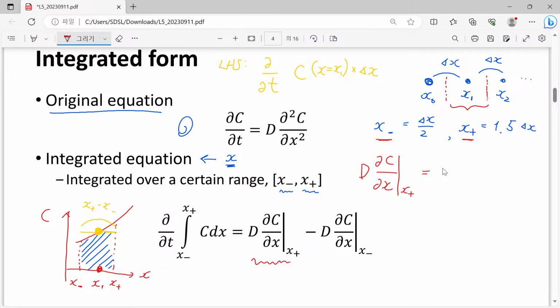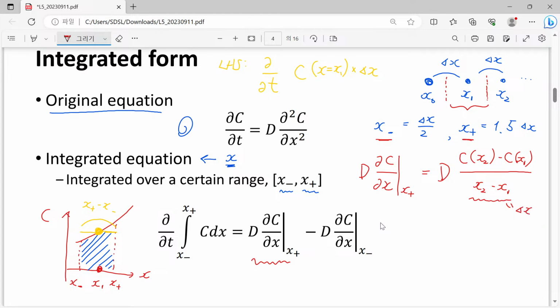So it is really well approximated as c at x2 minus c at x1 divided by x2 minus x1. So are you all with me? This is also written as delta x.